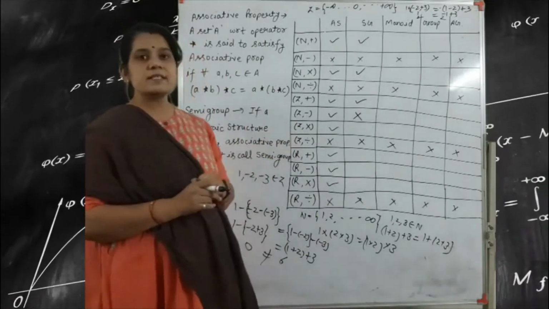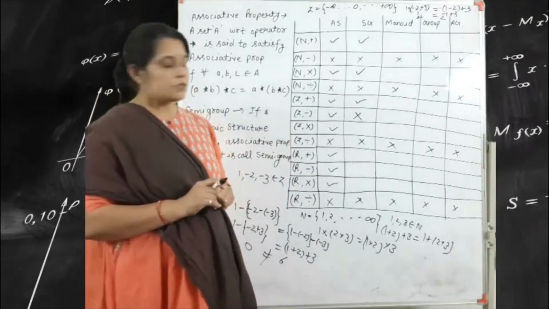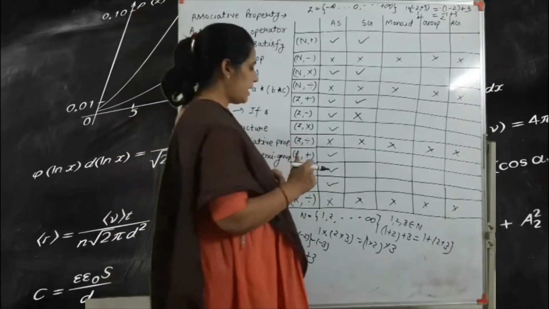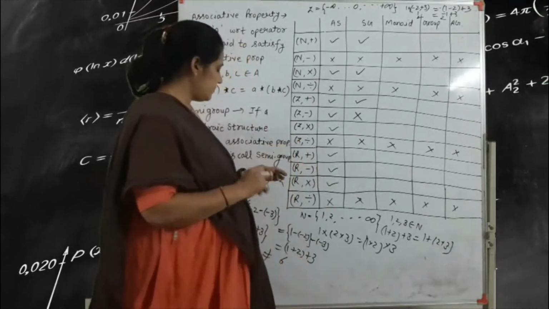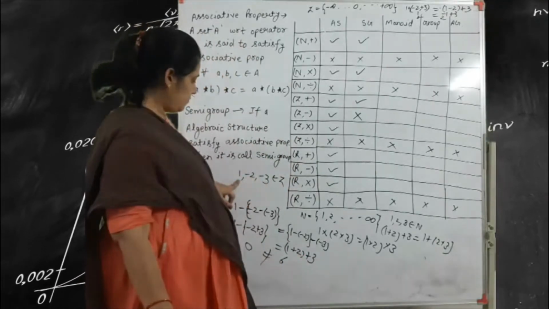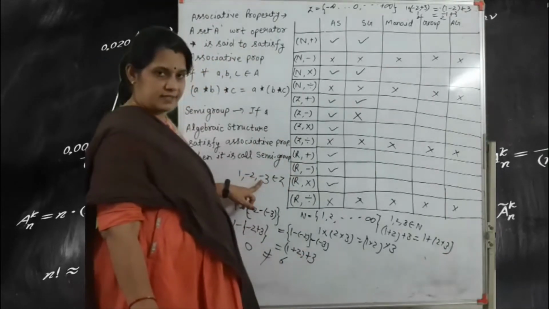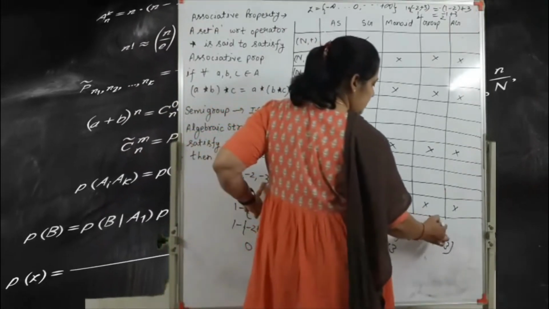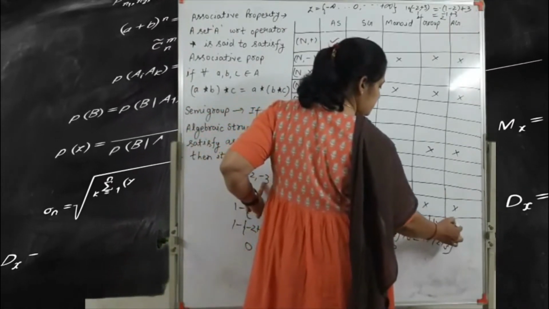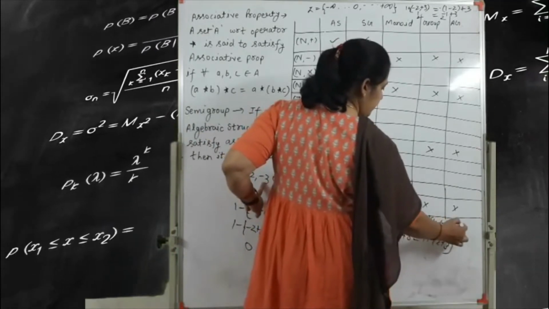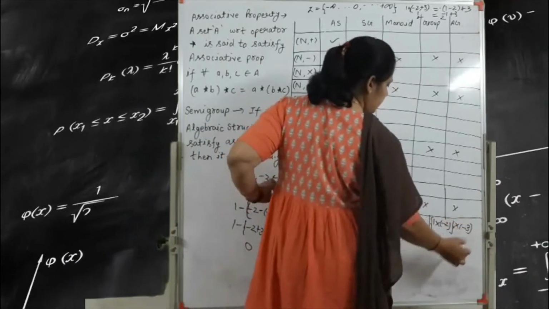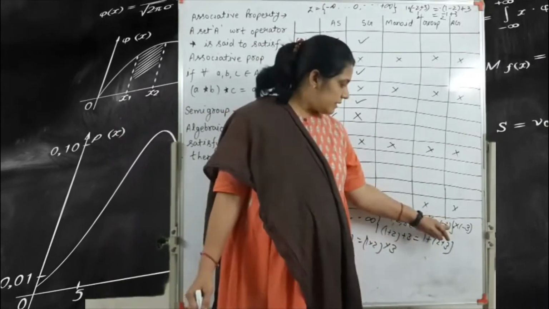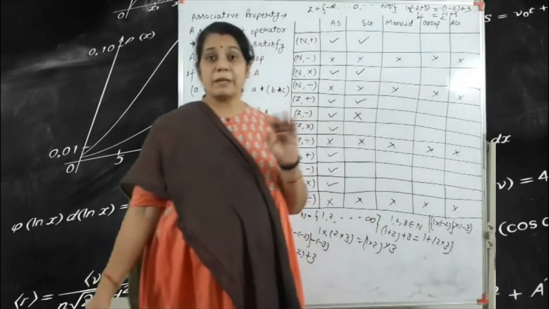Okay, next one is Z multiply. So Z multiply, that means what? If we use Z multiply, for example we consider these three elements 1, minus 2, minus 3, and use the multiplication sign. So 1 into minus 2, this is in a bracket, into minus 3. So 1 into minus 2 means minus 2, so minus 2 into minus 3 means plus 6.